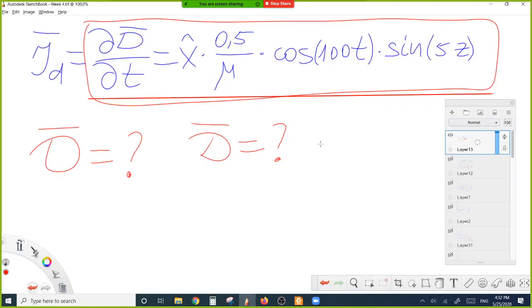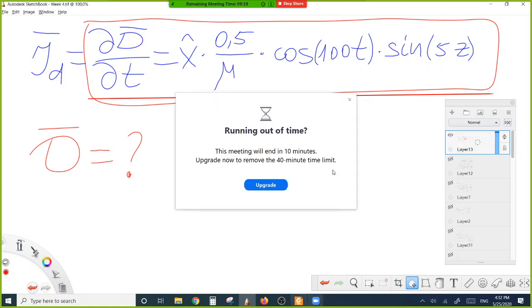Okay, now if we want to find the electric flux density D, we need just to take the integral. Look, I will write here in this page.